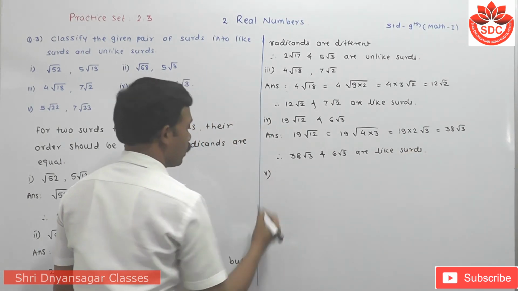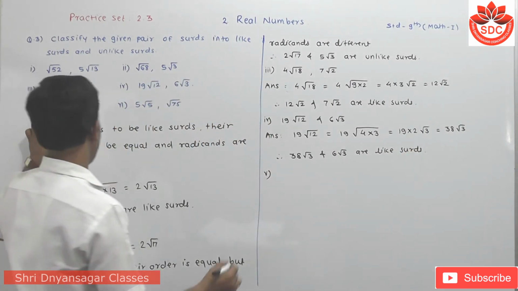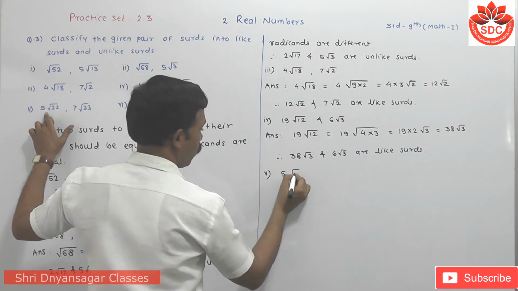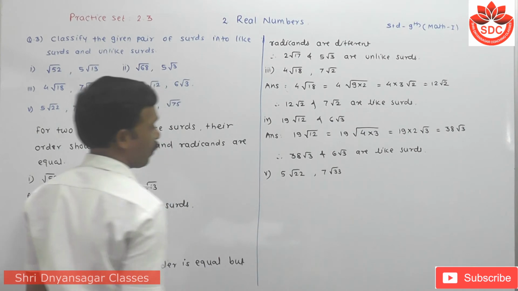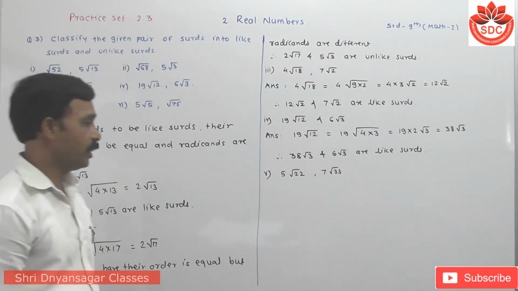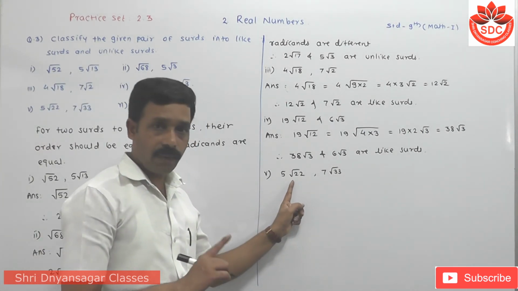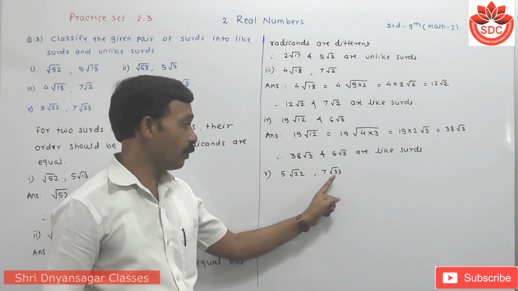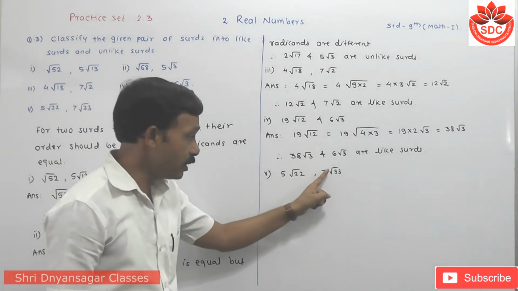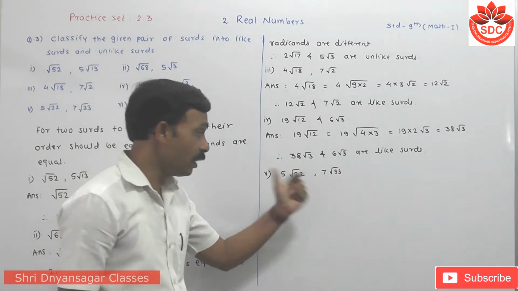Then we take the next one, sub question 5: 5th root of 22 and 7th root of 33. Now student, when you observe carefully, here is 11 into 2, we cannot find the square root of any one of them. Here is also 11 into 3, we cannot find the square root of any one of them. Here the order is same, but radicands are different.